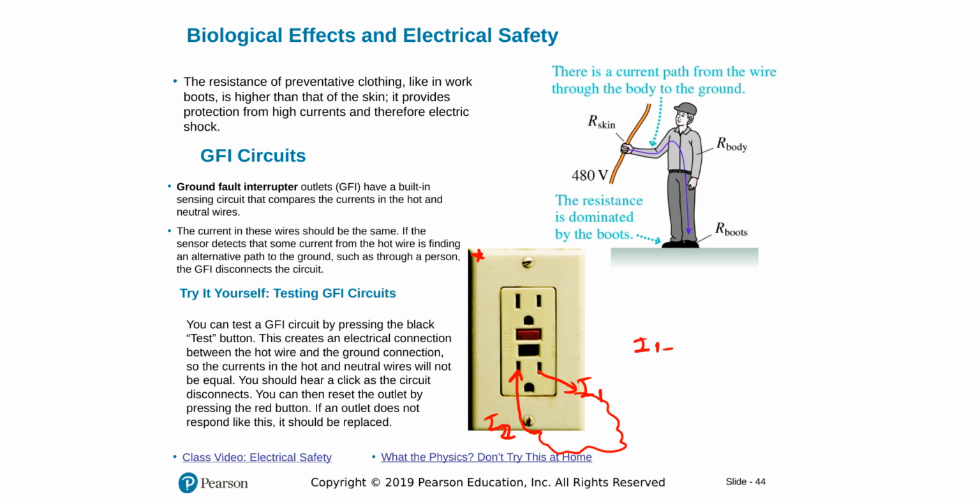So I1 should be equal to I2. It looks at that. If it's not the case, it breaks. That's what a ground fault interrupter is. It breaks the circuit and protects against any possible electricity hazard.